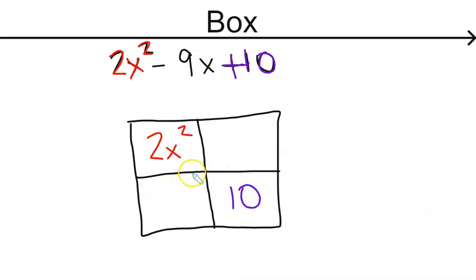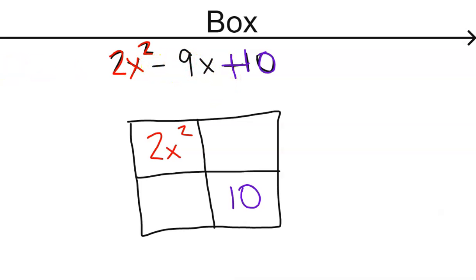Now, if you remember when you multiply these two boxes right here combined, they were like terms, so they combined together to get you this middle term. All right. So, but we got to figure out how to break up this negative 9x so that when I add them together, it is a negative 9x.